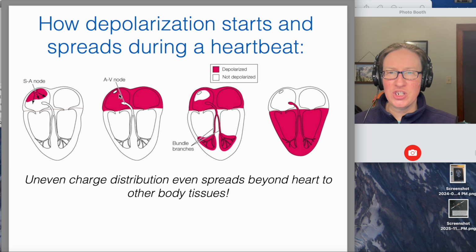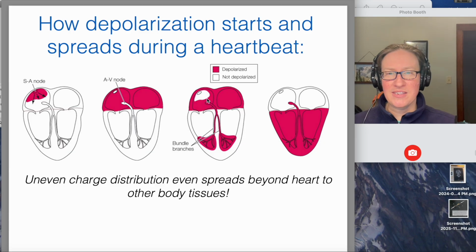It will reach the atrioventricular node, right, so this is part of those conductive cells, and from the atrioventricular node, the signal will then be propagated down to the tips of the ventricle first. So the atria squeeze from the top down, right? That's helpful for moving blood from the atria down into the ventricles.